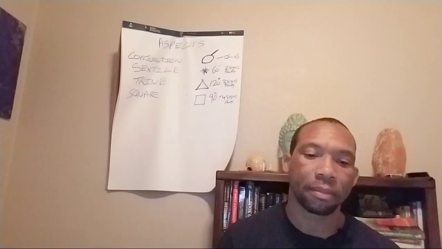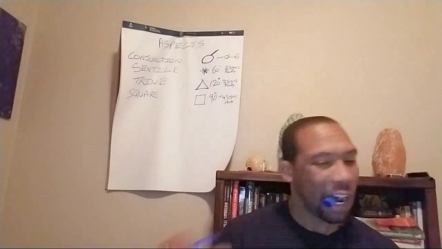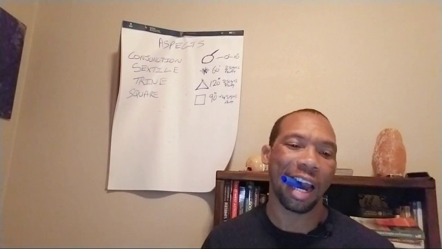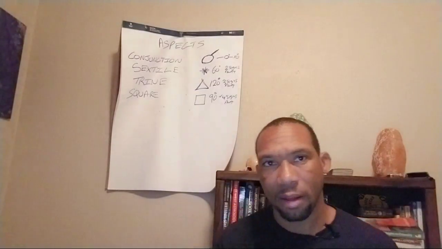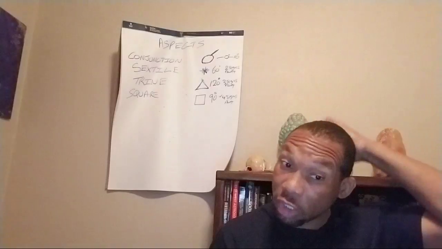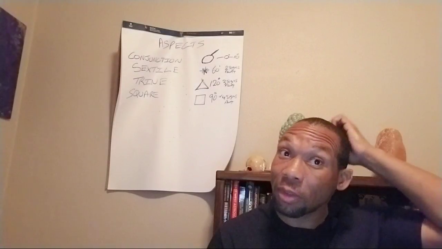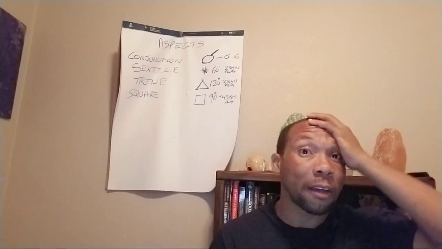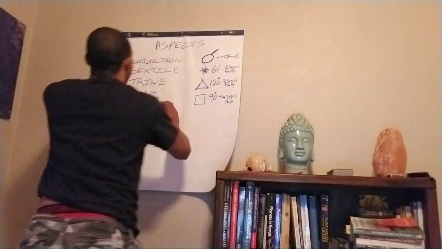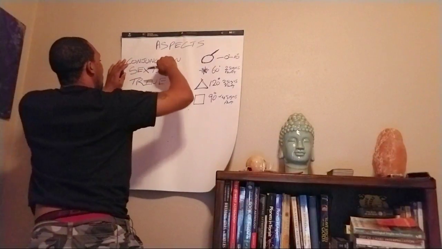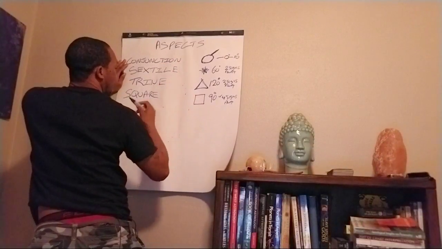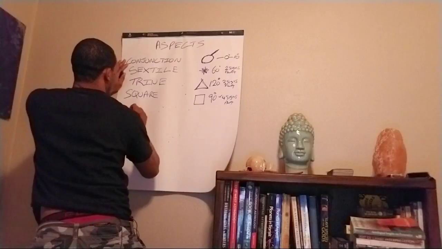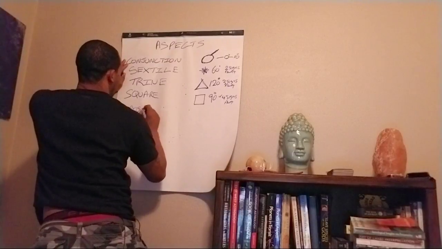Next up is opposition. The oppositions. 1, 2, 3, 4, 5. So you got the conjunctions, the sextiles, the trines, the squares, and the oppositions.